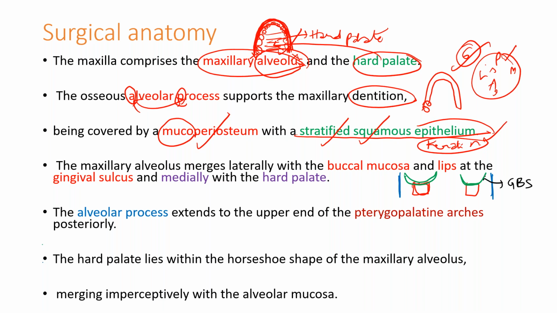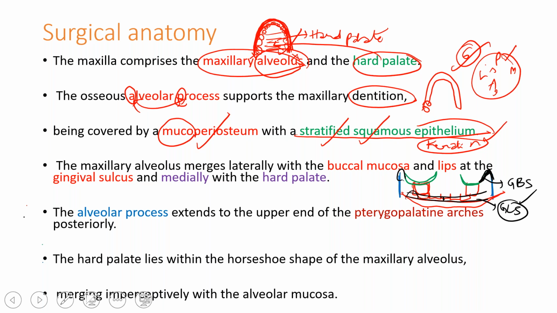This is the lateral boundary where the gingiva and the teeth are joined at the gingivo-buccal sulcus. In the same way, anteriorly you have the lips here, and the part between the lip and the teeth is called the gingivo-labial sulcus.